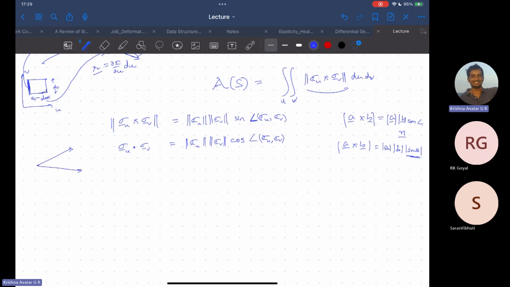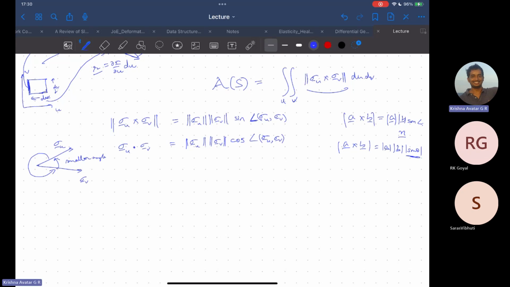So if this is σu, this is σv, then we can either have this angle or this angle, I mean, you always have two choices of angles. So we only pick the smaller angle. That's what I mean here, right?